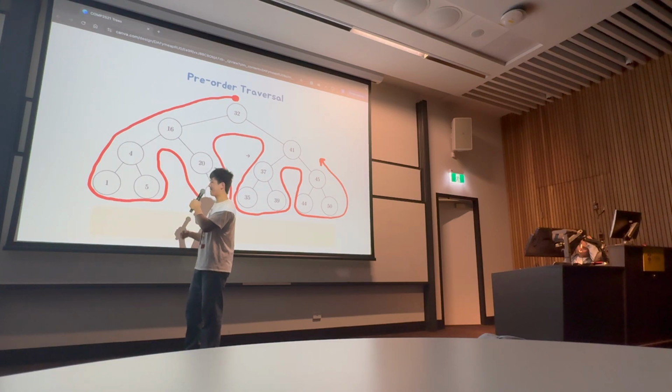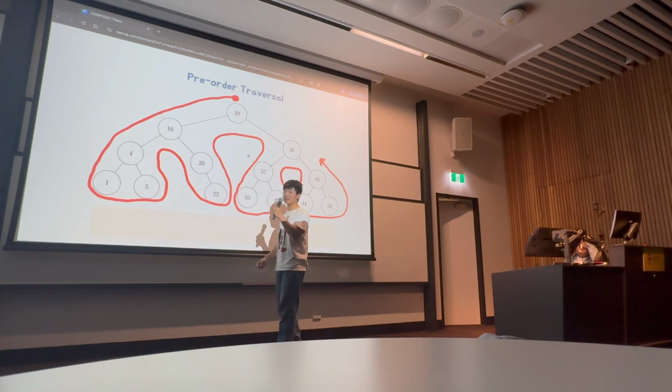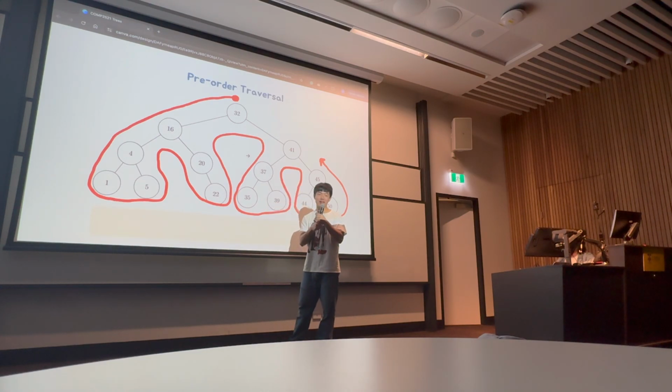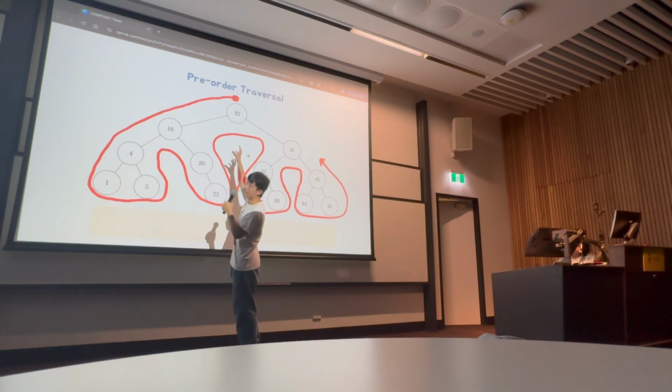You could try to understand how this works by digging into the traversal. If you look at the code, because we visit the node prior to visiting the subnodes, when we start from 32, we visit 32 first.